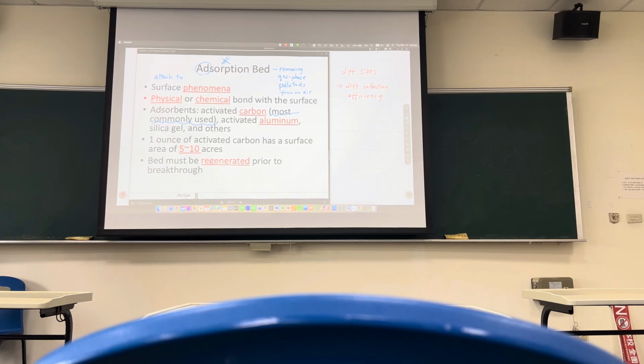We can also use activated alumina, which is good for removing some special gases and moisture.